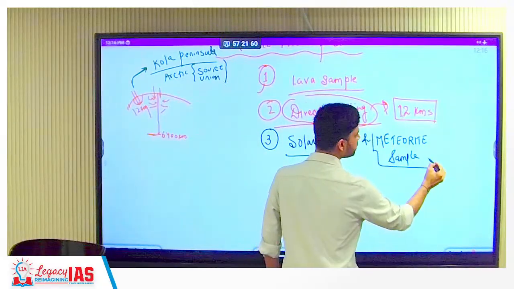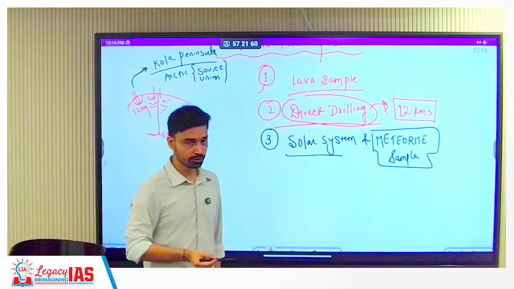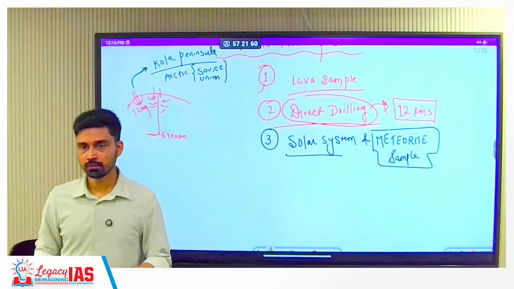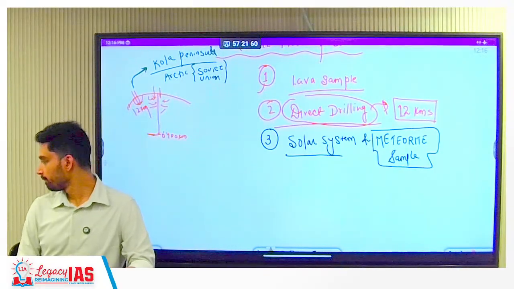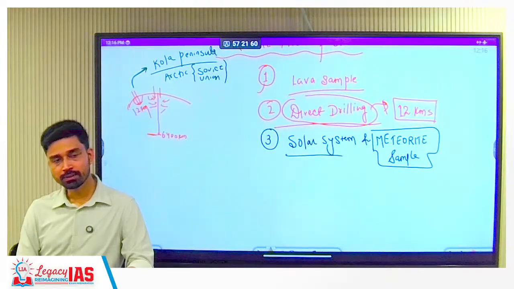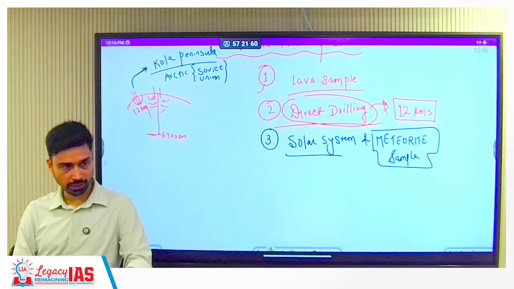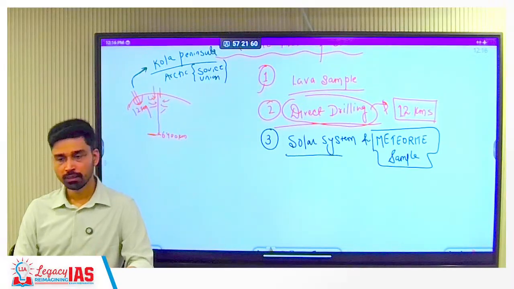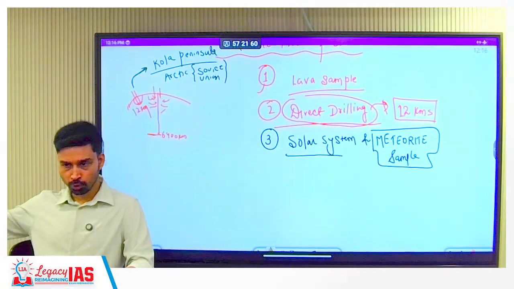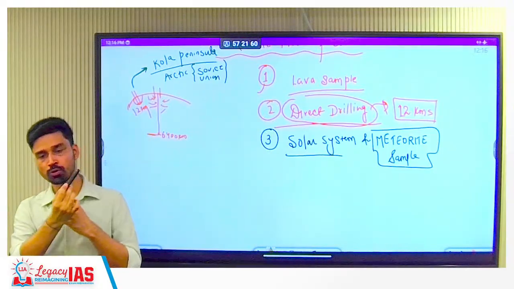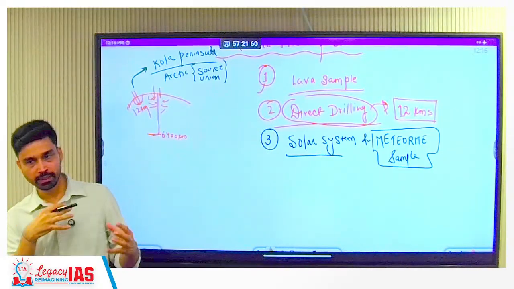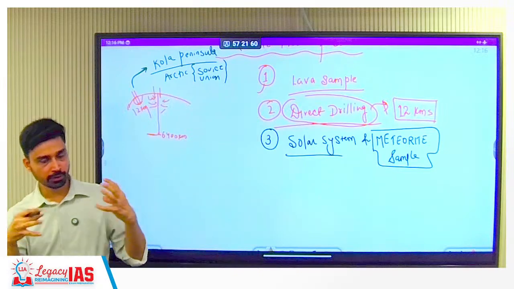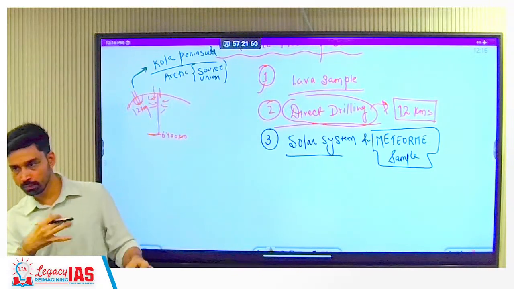Achha, what is meteorite? Okay, you would have heard about this term. What happens in the outer space? You have a lot of rocks and metallic objects, rocky or metallic object we can say. Many times they get attracted or pulled by the gravity of the earth, because all of them are also continuously revolving around the sun. So many times when the earth is in its journey, meteorite is also in the same path. They get pulled by the earth's gravity.